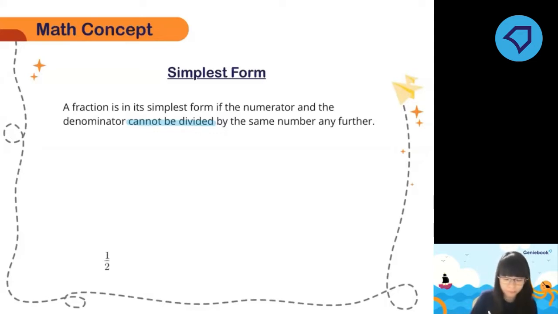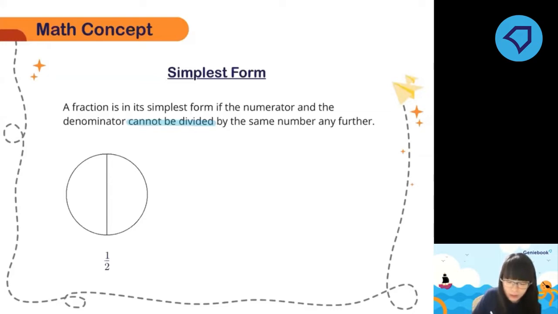Okay, let's take a look at this fraction. We have half. Okay, so if I were to color half, hold on, let me lighten this one so that we can compare. Okay, so we have half of the figure shaded, correct? This one you guys know. Now, what if I have this fraction of 2 over 4?